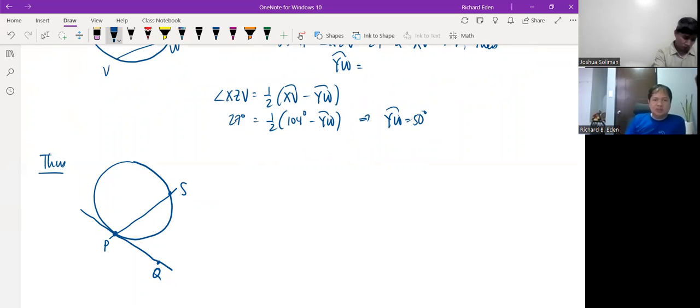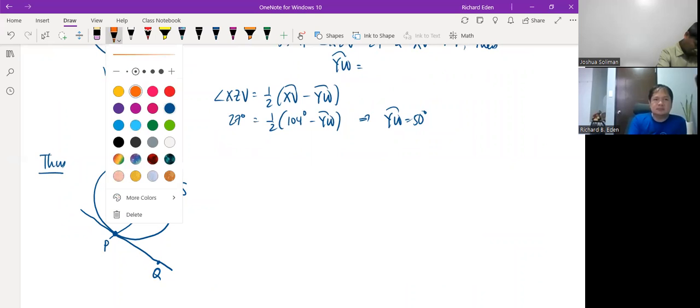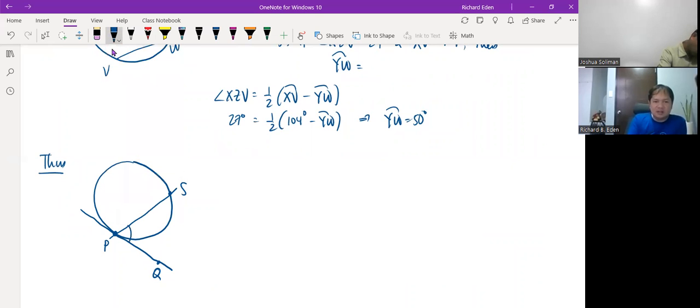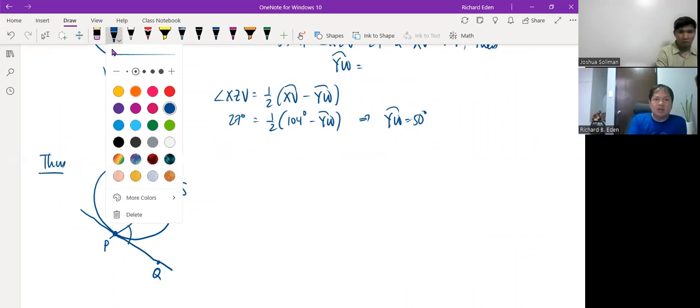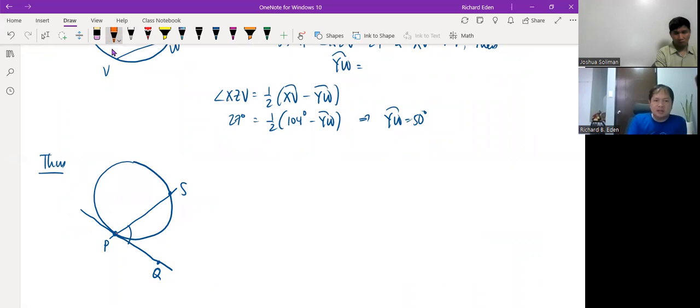The two lines here trap only this angle, so this angle traps only one arc. This arc.